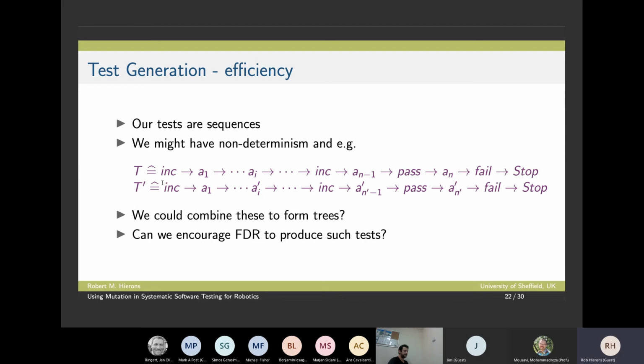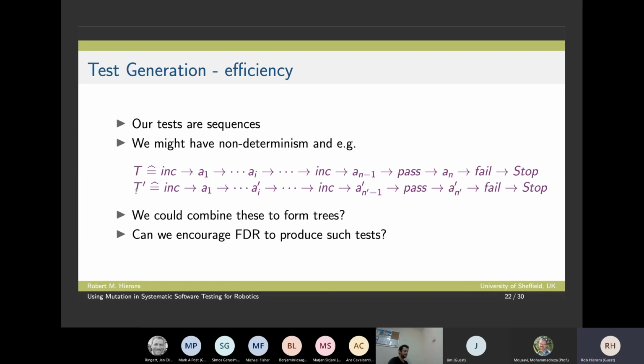Now, if we consider the first test case, and we get to the point where it should be A1 and A1 primed happens, then using sequential test cases, at that point we stop. We say inconclusive verdict, stop. And then we probably keep on applying a test. However, if it was A1 primed, then we could continue with our test case T primed.